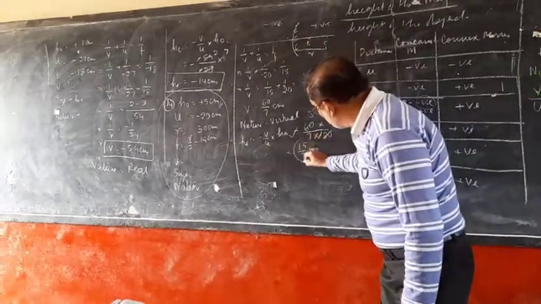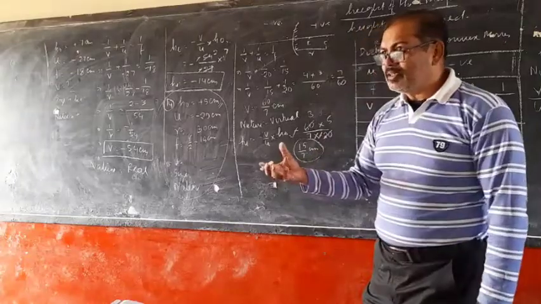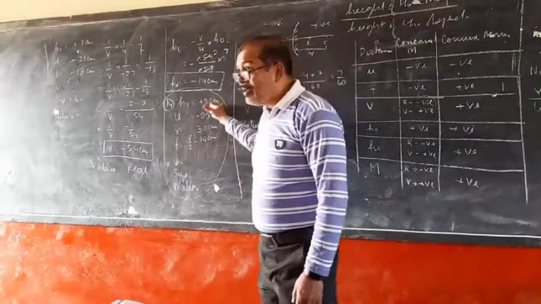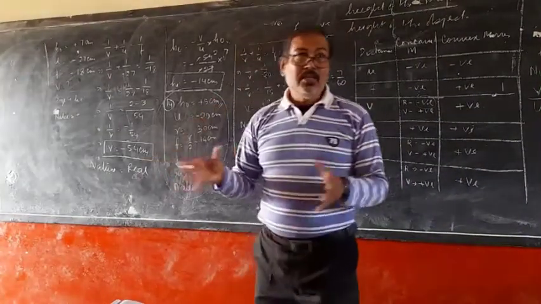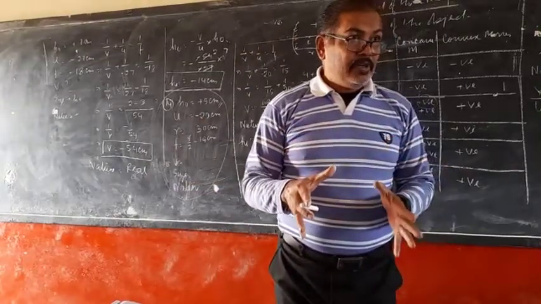And 15 upon 7, that is equal to 2 point something centimeter, which is smaller than 5 centimeters. All the conditions are fulfilled.